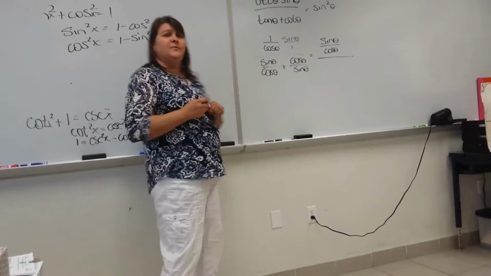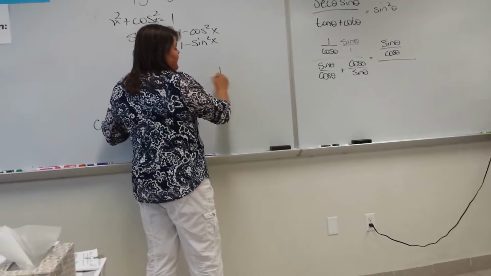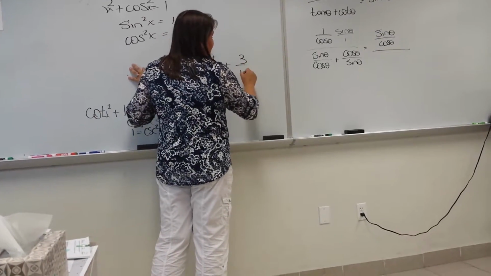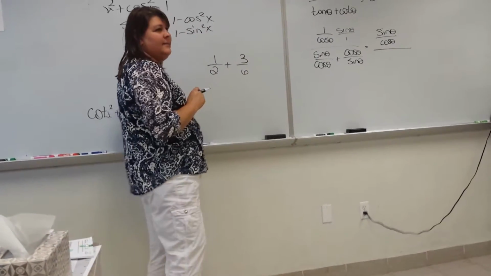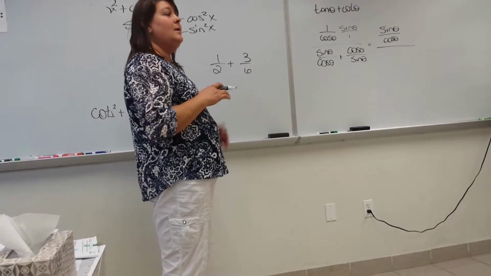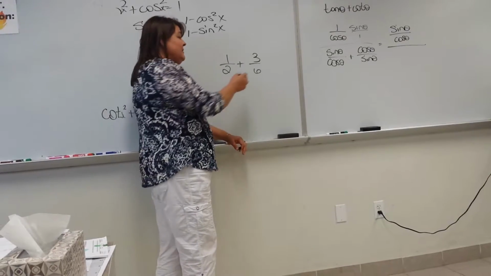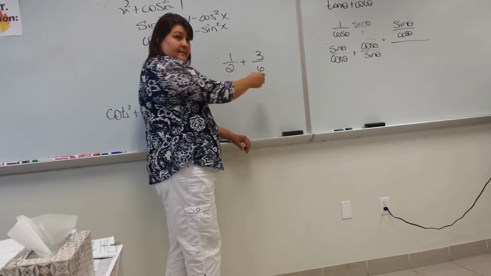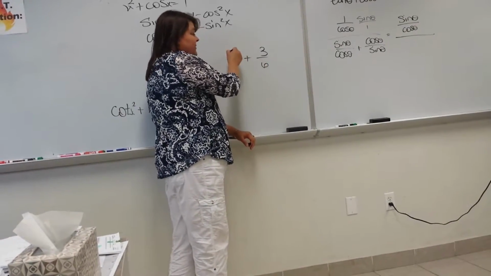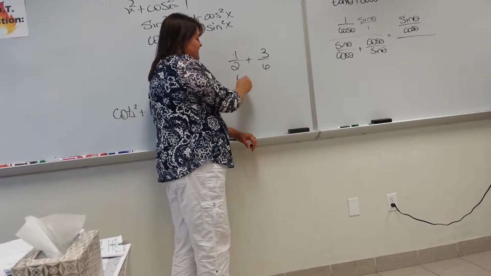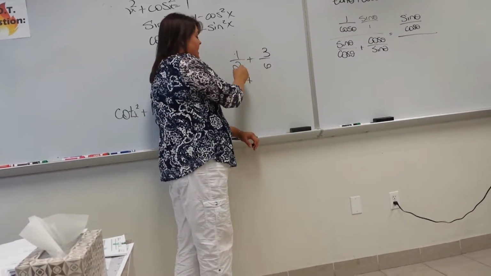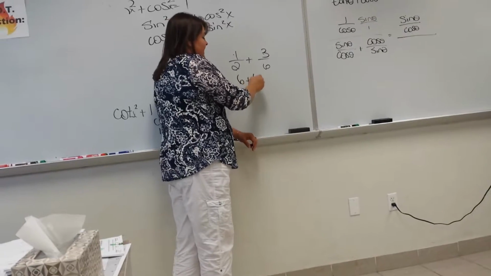Okay, let's do an easy one for a minute. Side panel here. If I have 1/2 plus 3/6, obviously that's an easy one. But having said that, how do I do it in my head pretty quickly? I start from the bottom, this guy here. I multiply this times this, I get 6. I multiply this times this, I get 6.